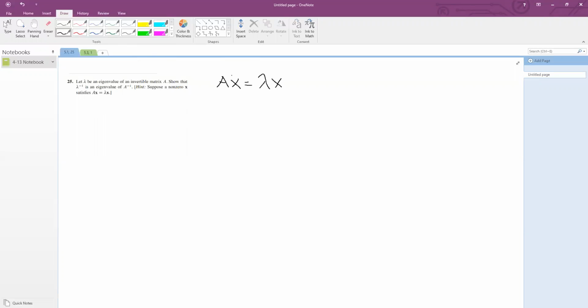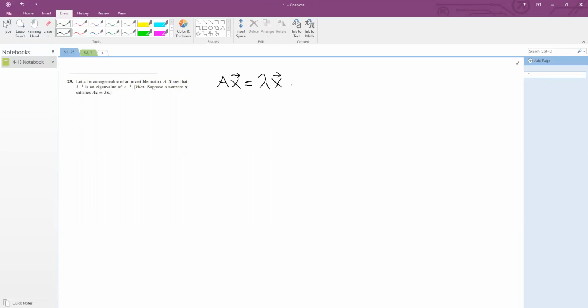This is the definition of what an eigenvalue means for A. It means that we have this and we know this is true: Ax equals lambda x.